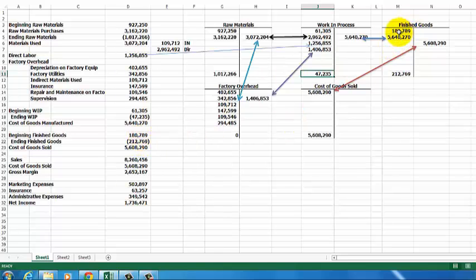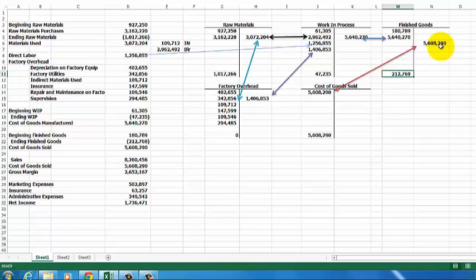Now over here in finished goods we have a beginning balance, and you see that over here as well as at the top of our T account. We take the debit from work in process. The credit was over there, now it's debit here. And then you have what you have left over in finished goods, 212,769.